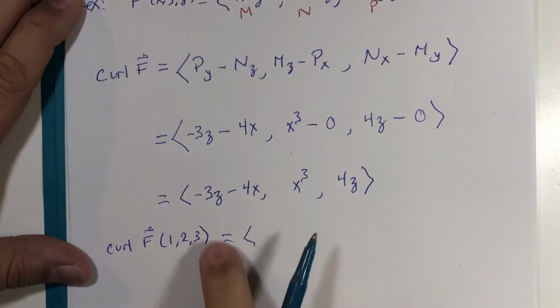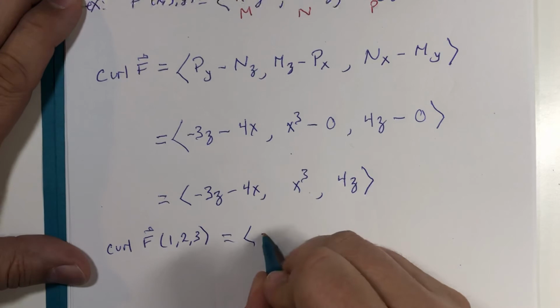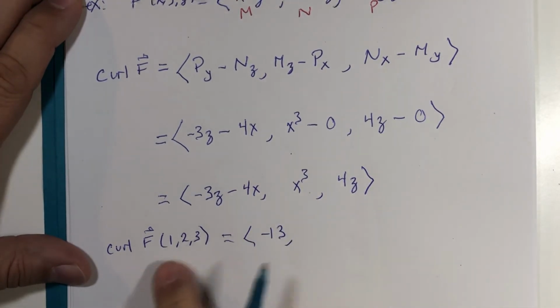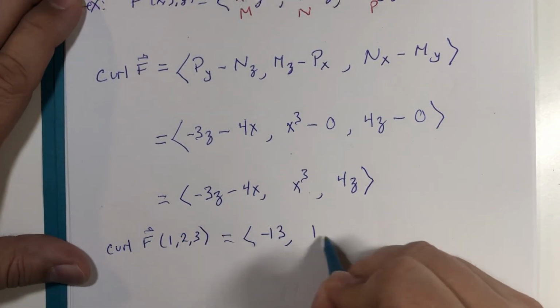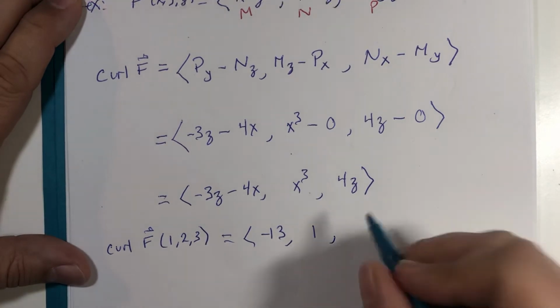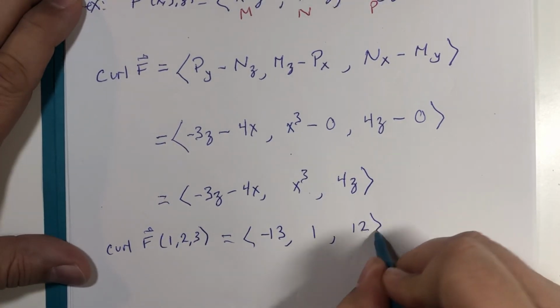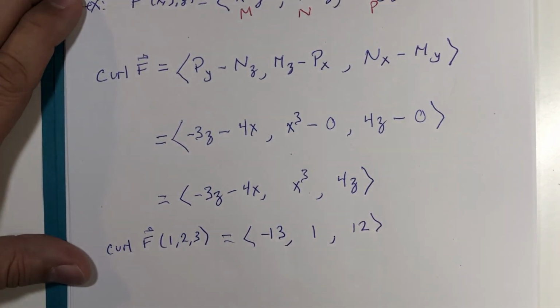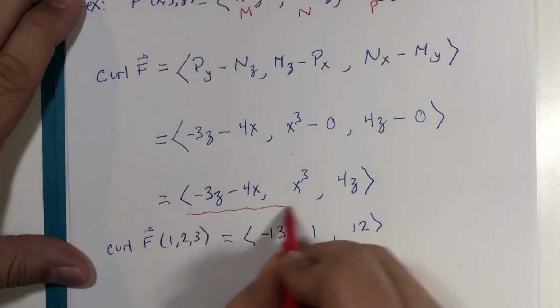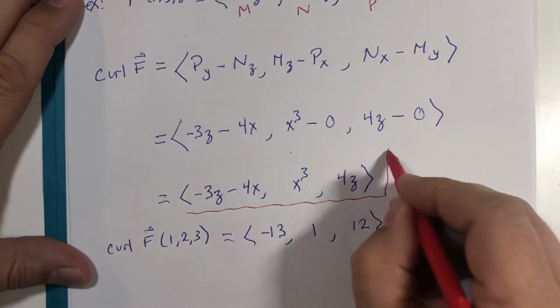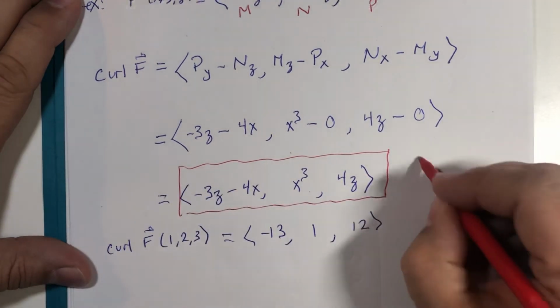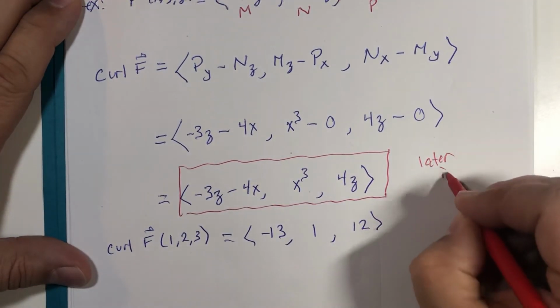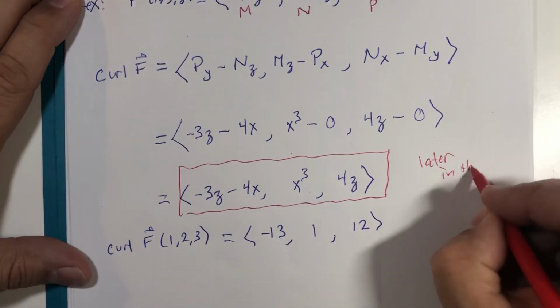For this problem, negative 9 minus 4 would be negative 13. 1 cubed is 1. 4 times 3 is 12. This would be a numerical vector. We will mostly be interested in using this later in the chapter.